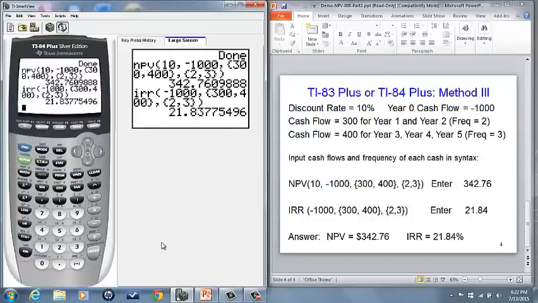It will show us the same answer, IRR equal to 21.84%. This concludes the presentation.